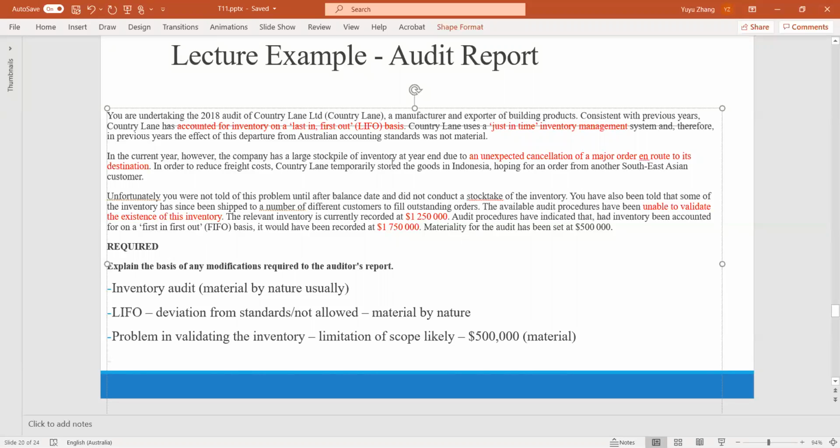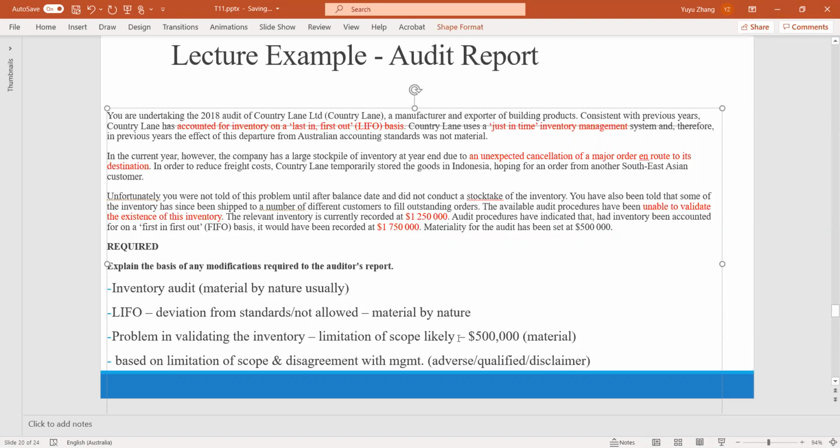So if we combine those analyses together, what is your final conclusion? So it is some conclusion based on limitation of scope and also disagreement with management, right? But if our analysis stops here, you may have 3 different options: adverse, qualified, or disclaimer.